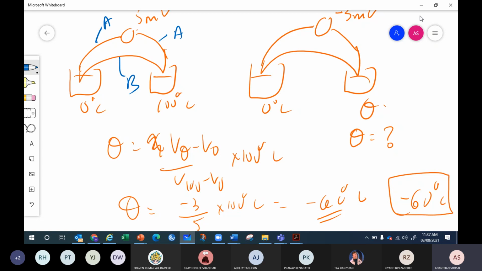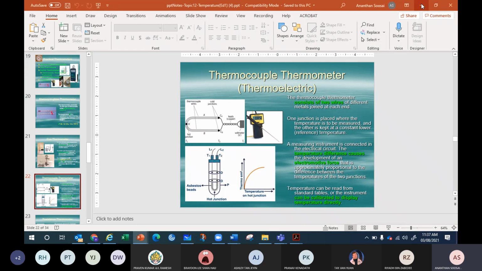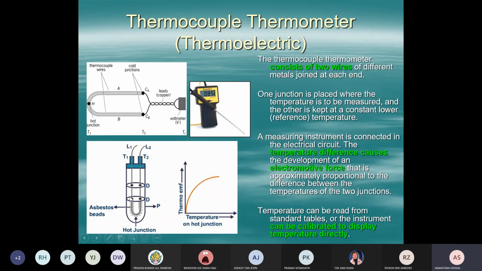Now let's see the advantages and disadvantages of this thermocouple. The thermocouple looks like this. It consists of two wires. One junction is placed where the temperature is to be measured, and the other is kept at a constant lower temperature, 0 degrees Celsius. The measuring instrument is connected in the electric circuit.